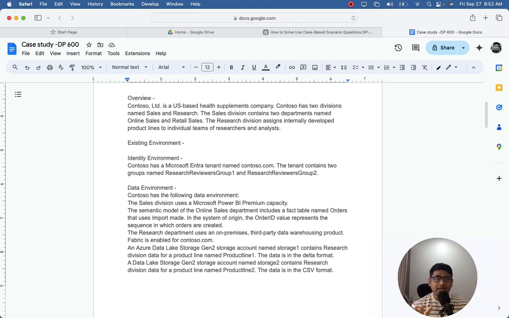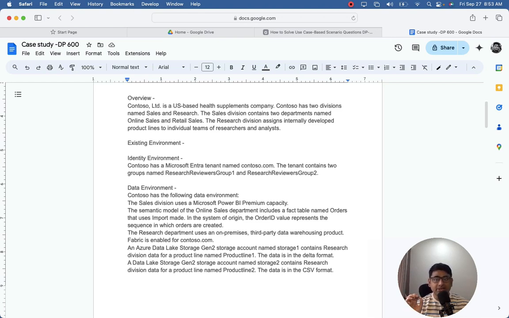The research division assigns internally developed product lines to individual teams for research and analysis. So the scenario says that you have two divisions, sales and research. Sales deals with two departments, online and retail sale, and the research division researches the internally developed products and tries to find whether they are useful or not.